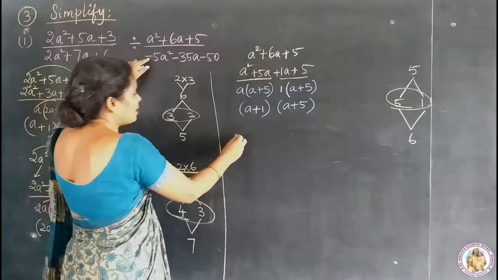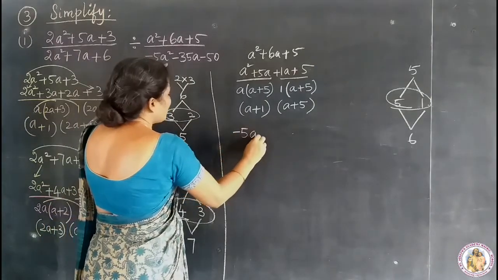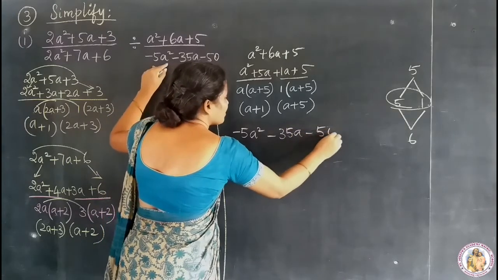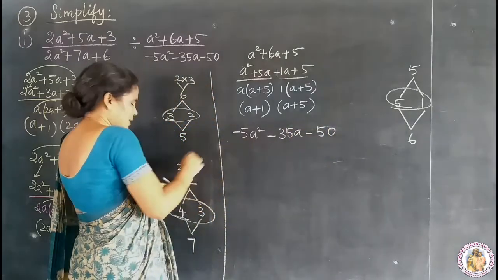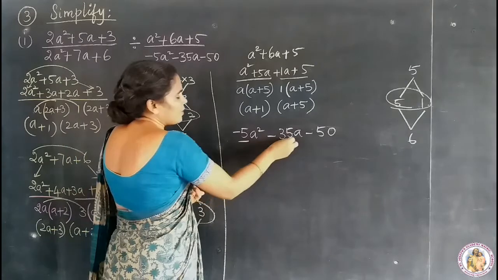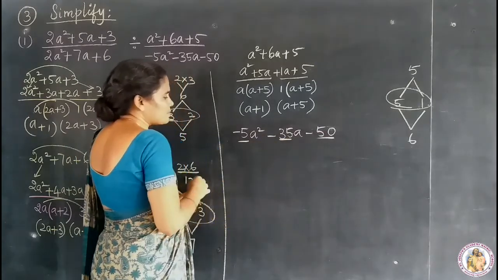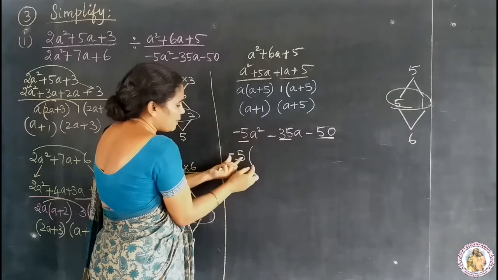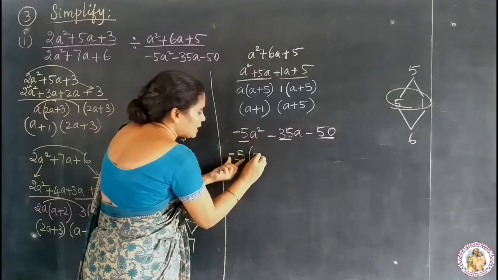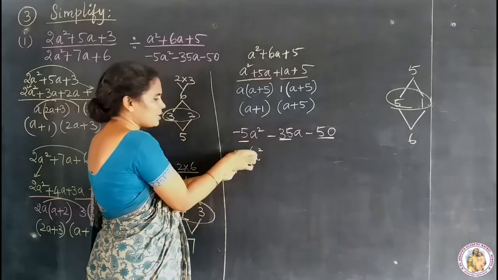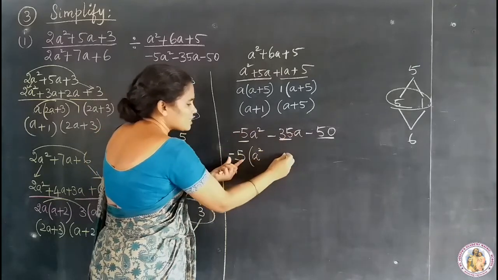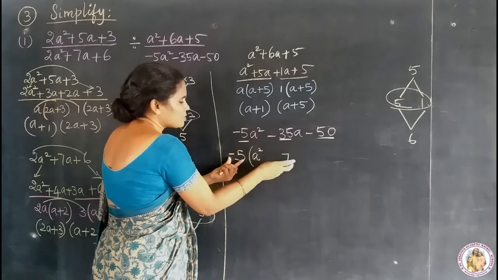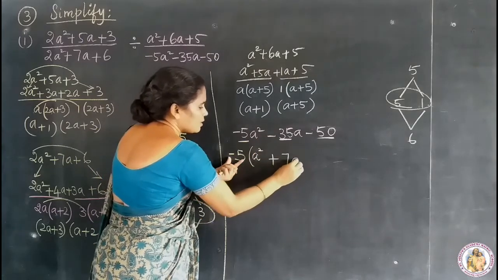Okay. Then take minus 5a square minus 35a minus 50. Here you can see 5 is common in all the terms, so taking minus 5 outside the bracket. So write minus 5. With minus 5 you multiply a square, it will become minus 5a square. And here 7 5s are 35, plus into minus, minus, so write plus a.